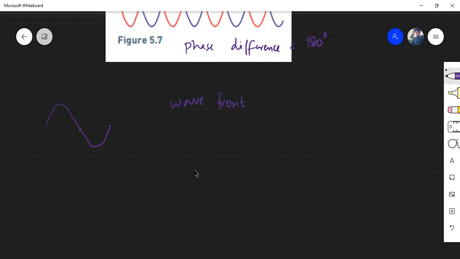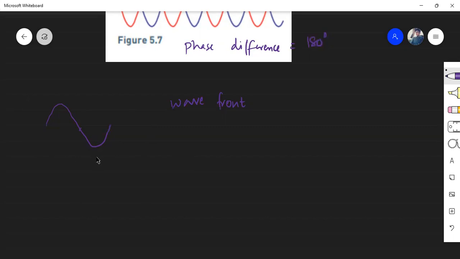Wait, what's a wavefront again? Could you repeat the last part? I was saying that we describe a transverse wave using the graph that I've drawn here. This graph is basically how we describe a transverse wave.